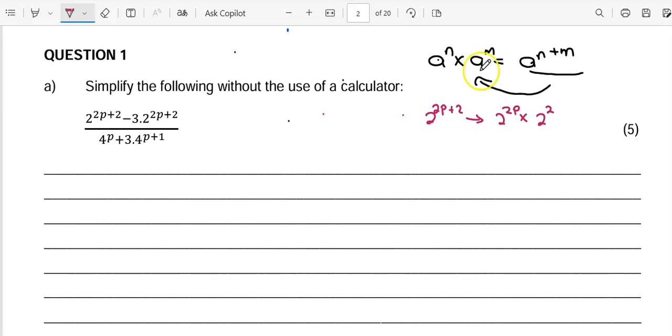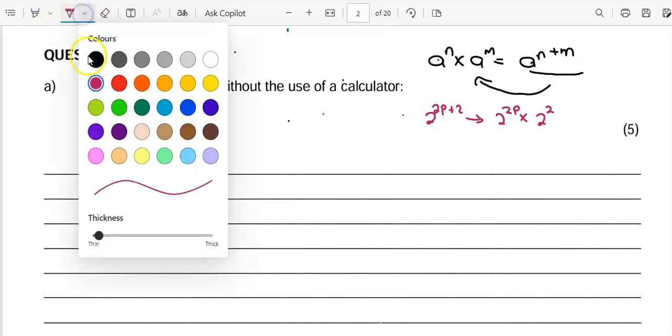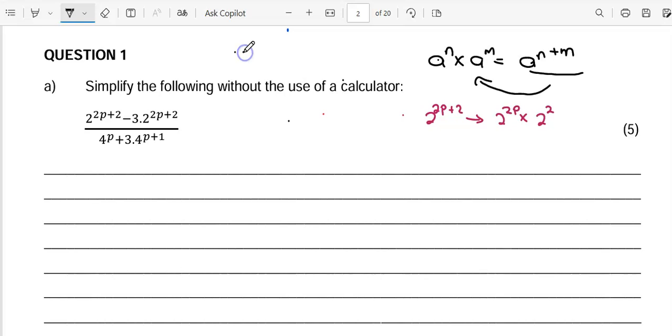So I can quickly write the first term as 2 to the power 2p multiplied by 2 to the power 2. Therefore, we minus 3. I can also write that 2 to the power 2p multiplied by 2 to the power 2. Right, so now I reversed every term on top.